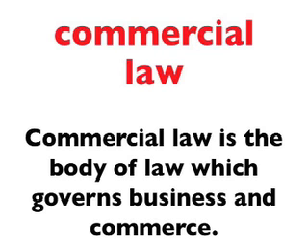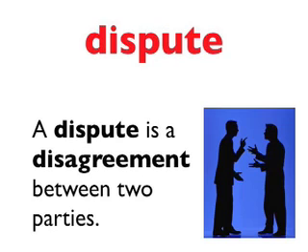All right, let's move on to today's topic, commercial law. We're going to begin by looking at the types of disputes that are covered under commercial law. A dispute is a disagreement between two parties. In commercial law, these parties are often two companies, or a company and one of its employees.